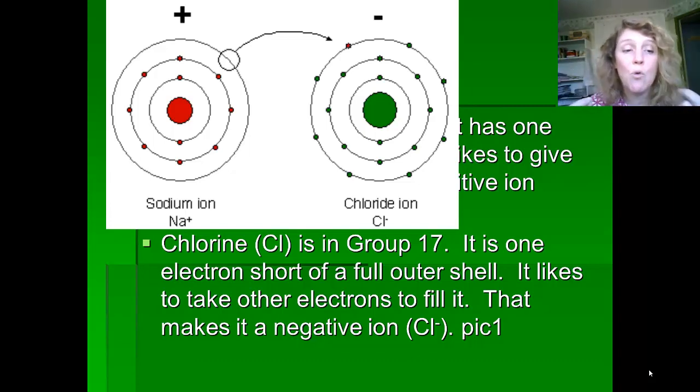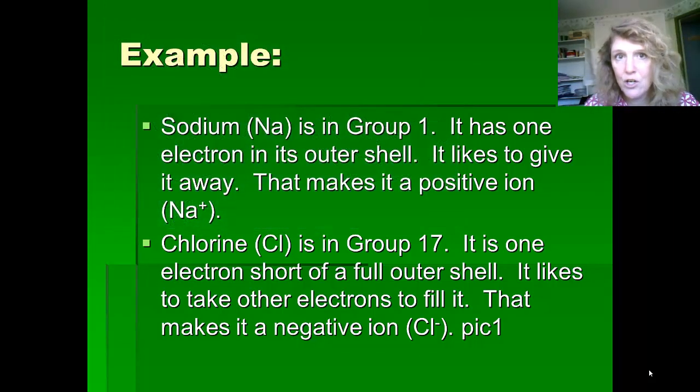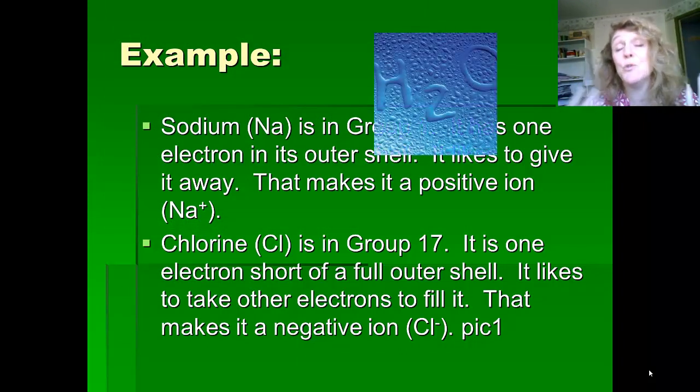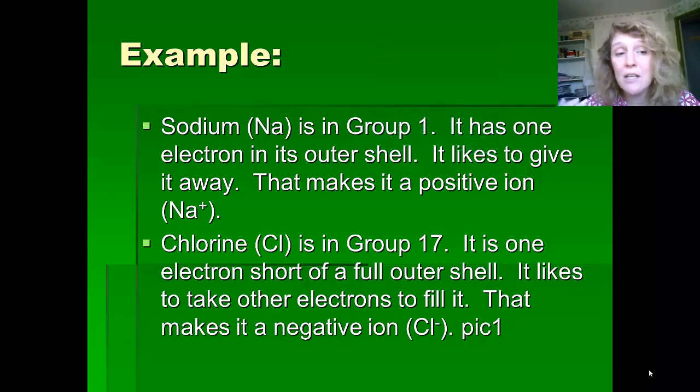Now, if you've got more than one positive or negative charge, there's actually a number there. But remember, just like when you say H2O, you don't have anything after the O because you assume it's a 1. You assume it's a 1 if it's a plus or a minus like this. But if it's more than 1, you'll actually see +2 or -3 or something like that.